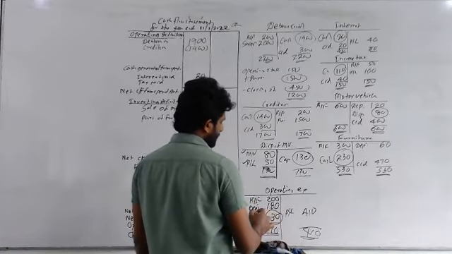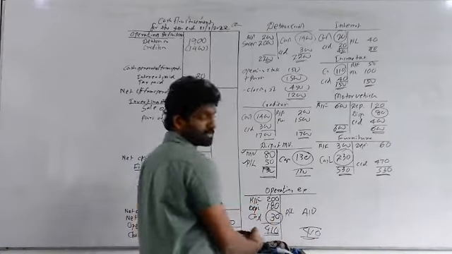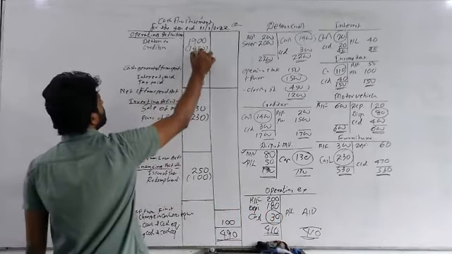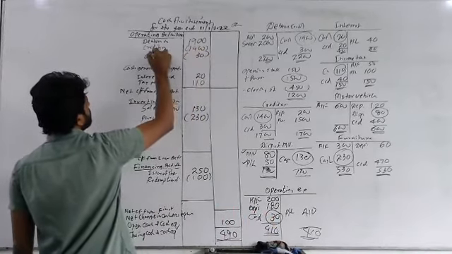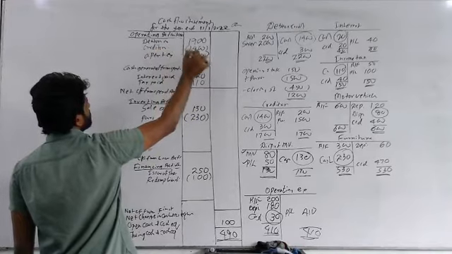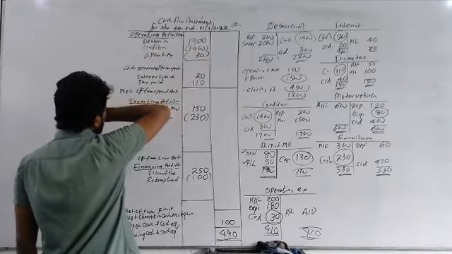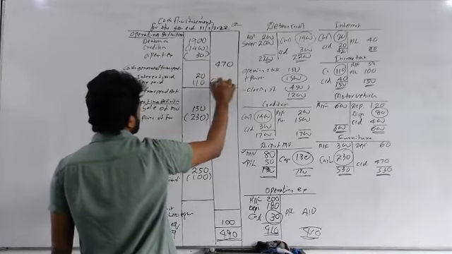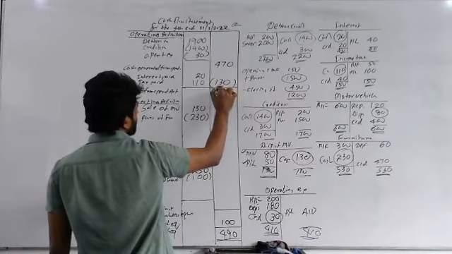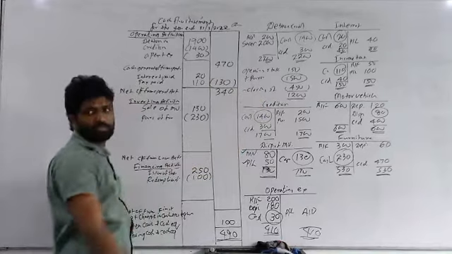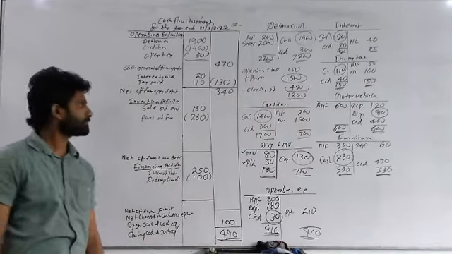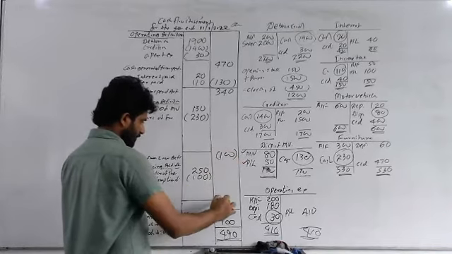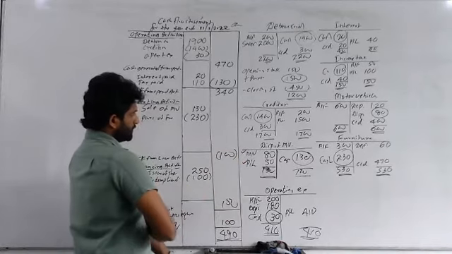Is it 30? Yes. Operating expenses paid in cash 30. Balance. So net cash from operating activities 340.